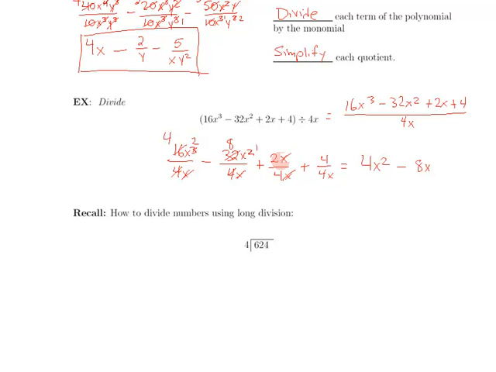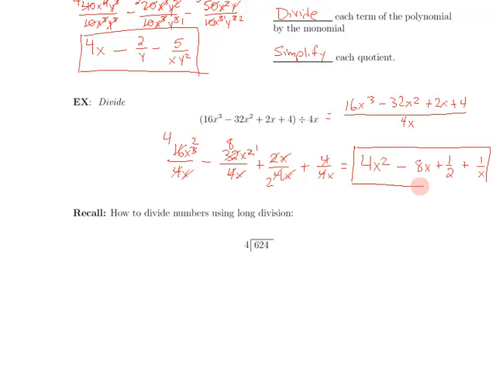The x's completely divide out, but the 2 goes into the 4 twice, so I have plus 1/2. Here the 4's divide out, I'll have plus 1 over x. Don't forget that whenever everything divides out from a numerator or from a denominator, you're left with a 1. And in the case that the denominator completely was gone, instead of writing it over 1, I can just write it as itself, because anything divided by 1 is itself. Okay?